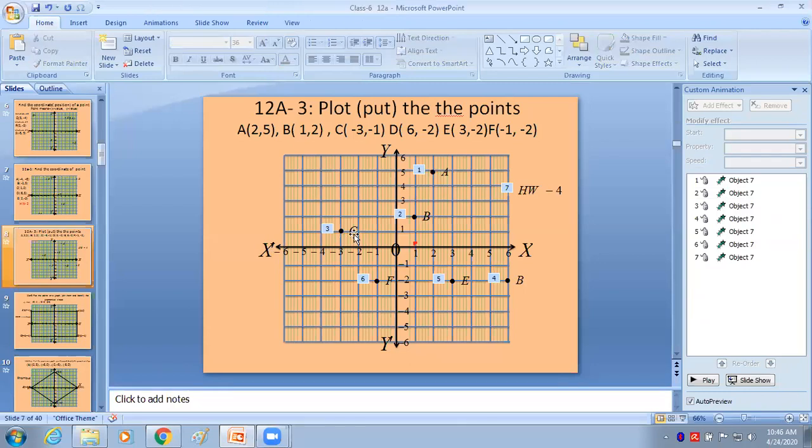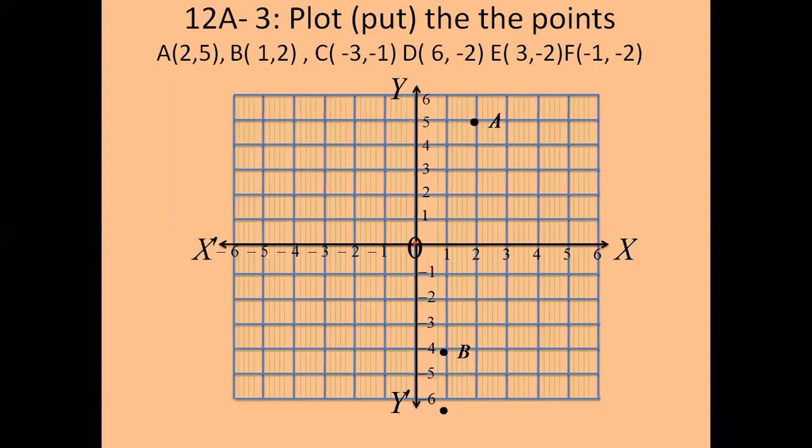It is given upper, but minus 1 will be down. So that's why the point of C will be plotted like this.